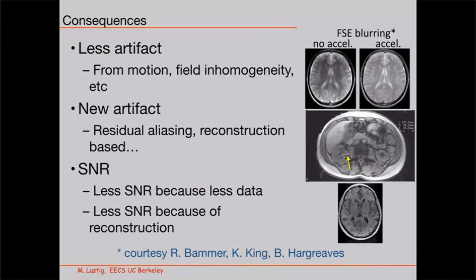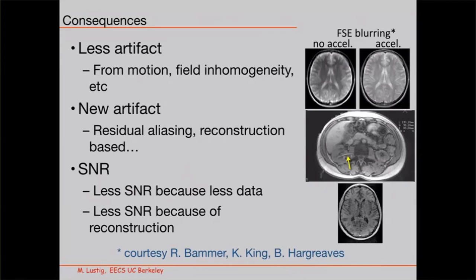And maybe you can actually lose SNR just because you're trying to invert the system of equations that we're going to talk about later. And that inversion has some ill-conditionedness to it and will amplify noise. So that could be a result of the reconstruction.